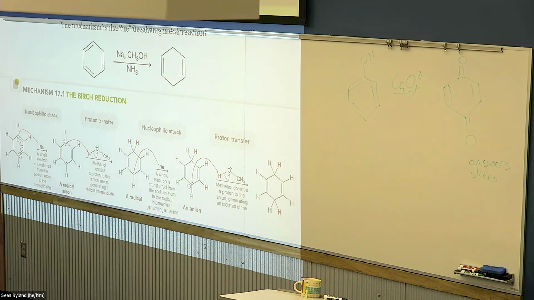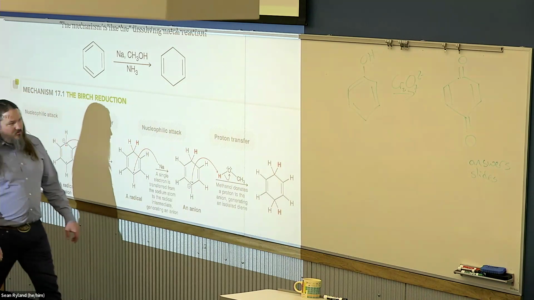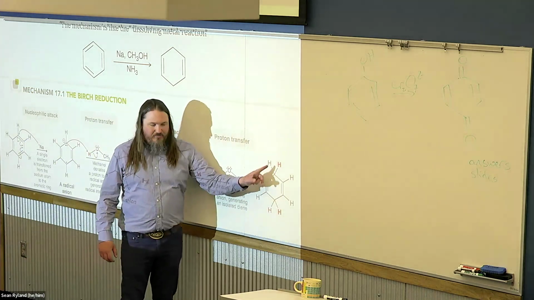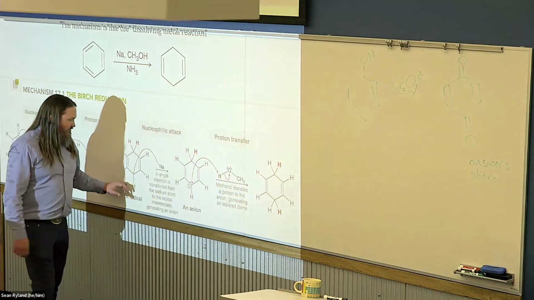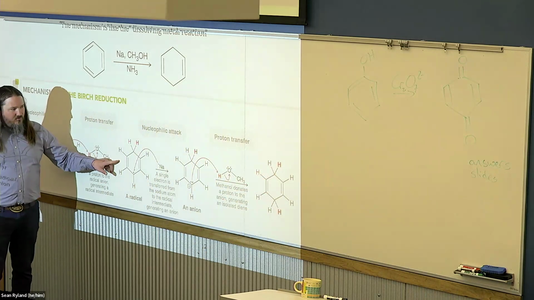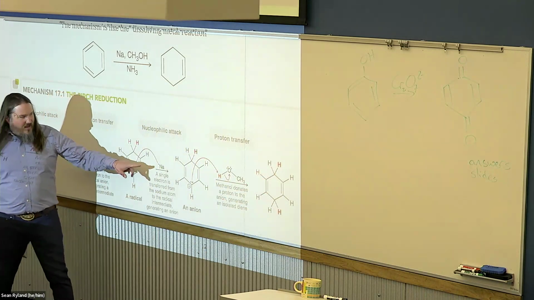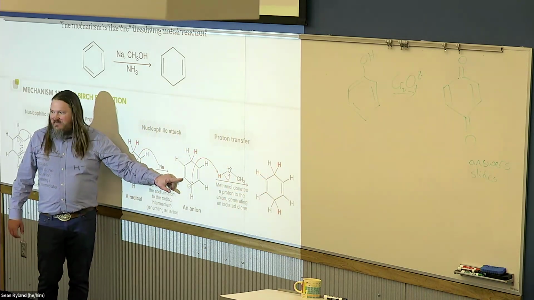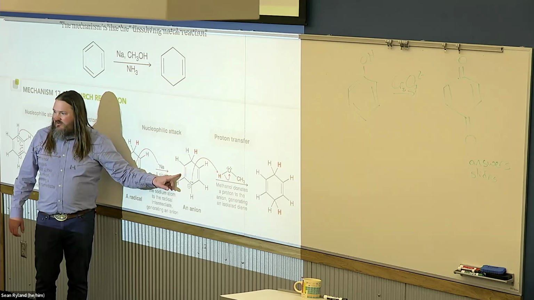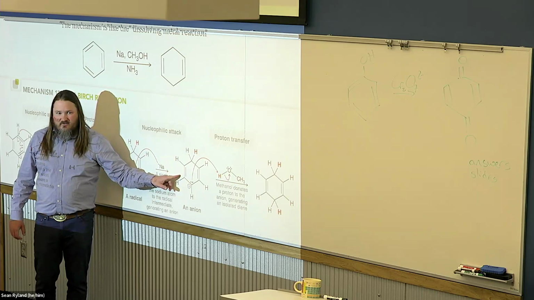Now, what this doesn't explain is why we wind up with our sp3 carbons directly opposite from each other, because this intermediate, or even the anion, seems like it could resonate with these pi bonds pretty well in a way that creates a conjugated system at the end.